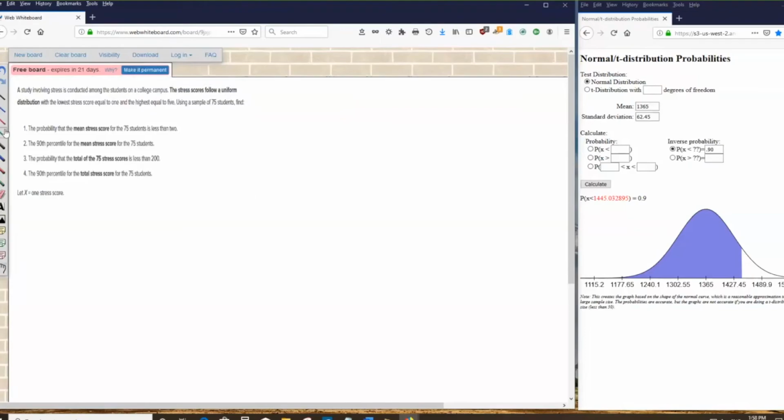So you want to recognize that these first two problems are doing the central limit theorem for the means.